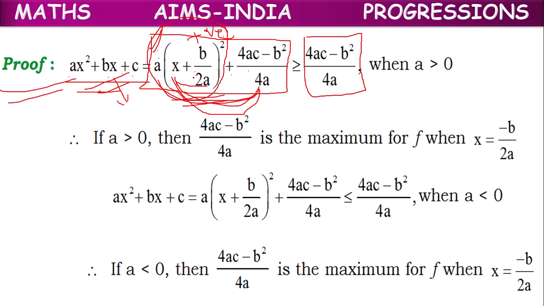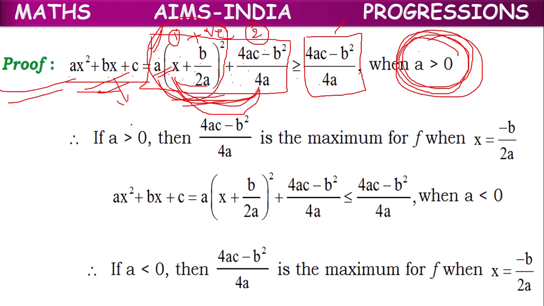The sum of these two, the sum of the first one and the second one, if a is positive, is always greater than or equal to 2. In what condition? If a is greater than 0.